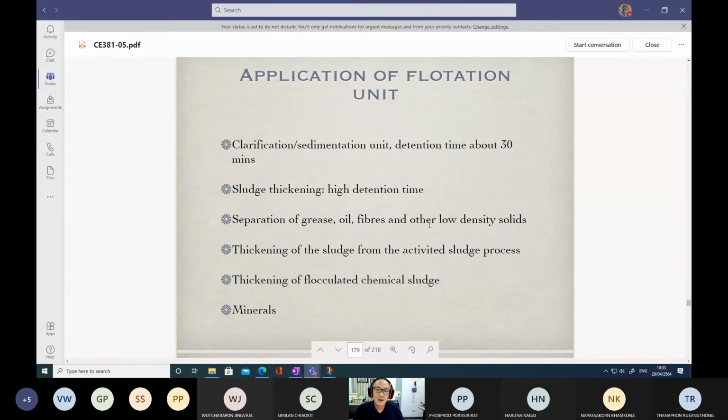Not just the water and wastewater treatments. Sometimes we can also use flotation in sludge thickening, which we will talk about again in the last chapter. The sludge from the bottom of the sedimentation tank, we need to handle it.